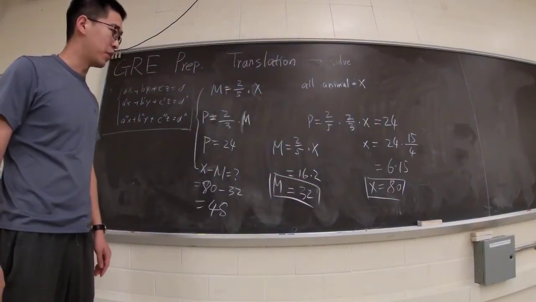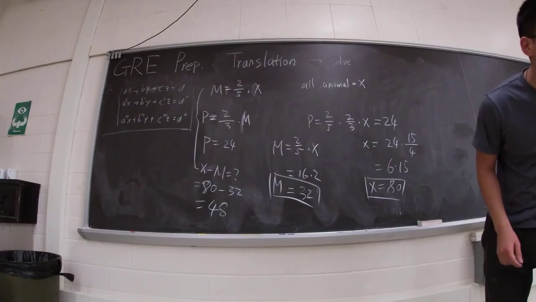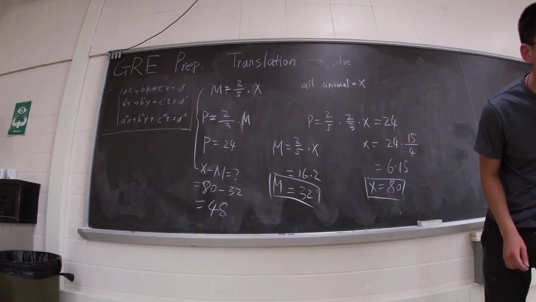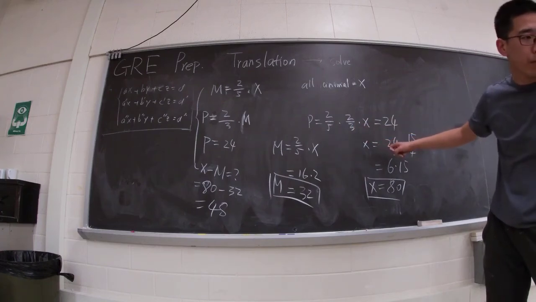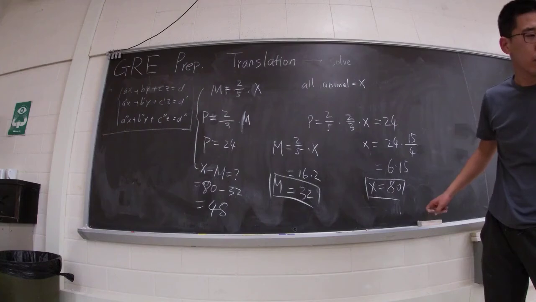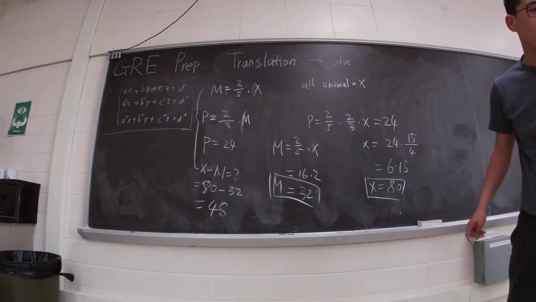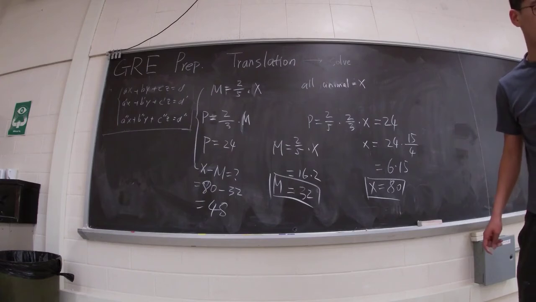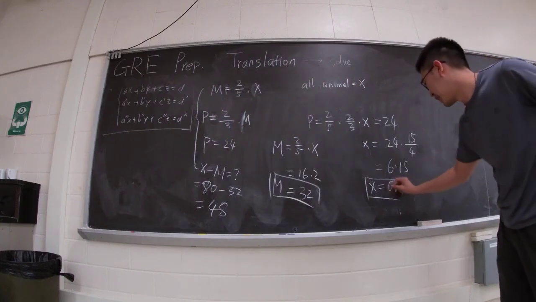So what happened here? The question asks how many animals in the zoo are not mammals. 2/5 of all animals are mammals, 2/3 of mammals are allowed to interact. So the 80, sorry, here it should be 90.